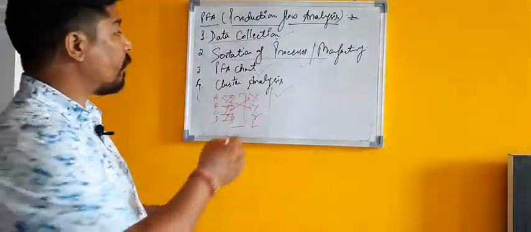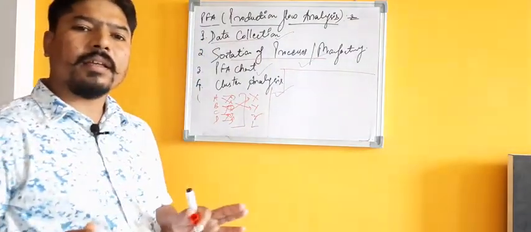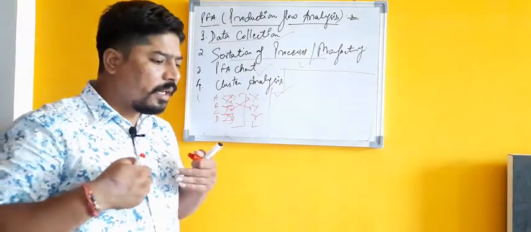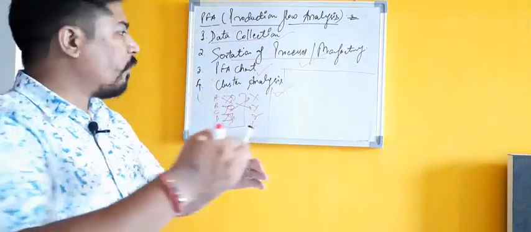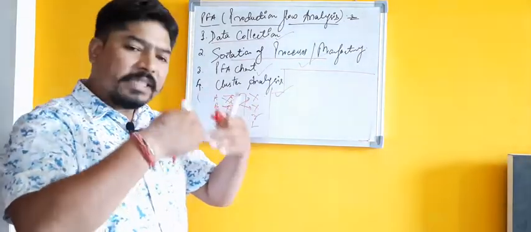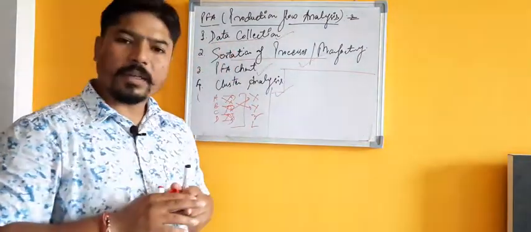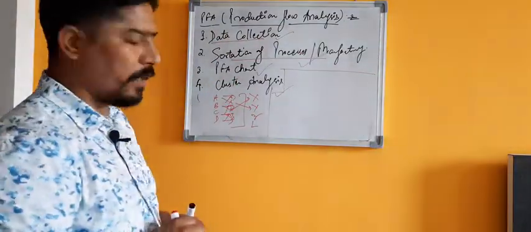It is very important. Once the collection of data is completed, once the data is extracted from different production route sheets, different production shop floors, different machines, and different layouts, the first step is complete and the second step begins, which is sortation of processes or manufacturing activities.